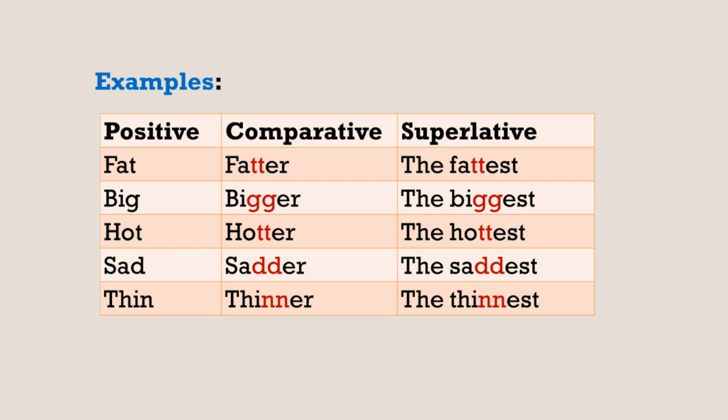We double the last letter in the words in the positive, in the comparative, and in the superlative. In the comparative we have fatter, bigger, hotter, sadder, and thinner. And in the superlative, we have the fattest, the biggest, the hottest, the saddest, and the thinnest.